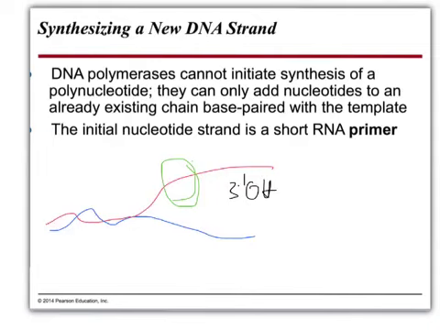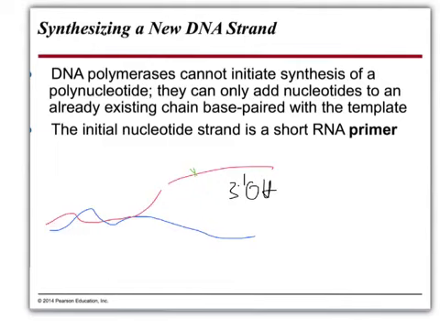But there has to be something that produces the primer, okay? And this brings in another enzyme, primase. There's a short RNA primer that is put down before DNA polymerase starts. So I'm going to erase the DNA polymerase, and we'll put in primase.